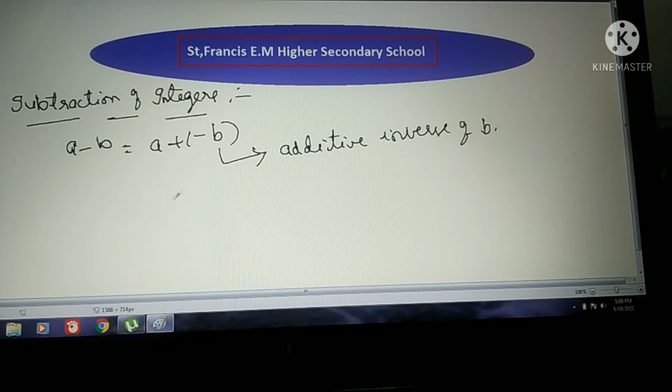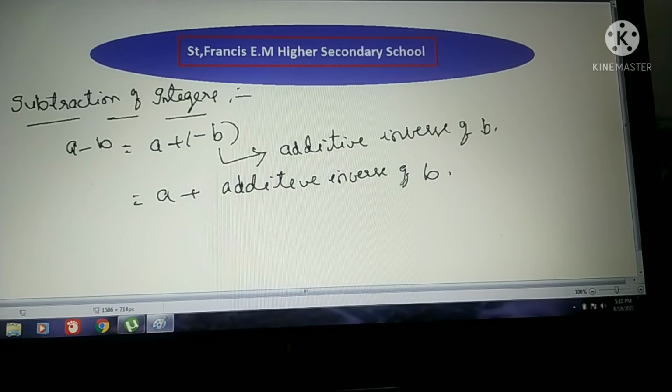So instead of this one, we can write it as a plus additive inverse of b. In place of minus b, we can write additive inverse of b. Additive inverse of b means minus b. Additive inverse of minus b means b.